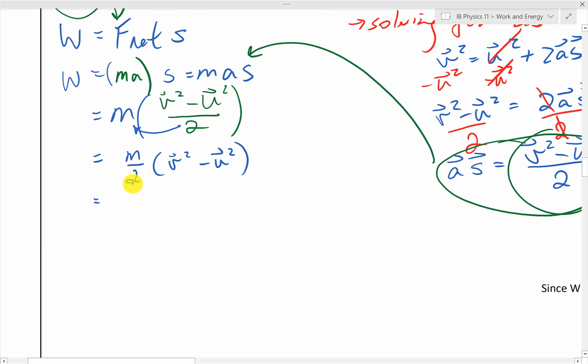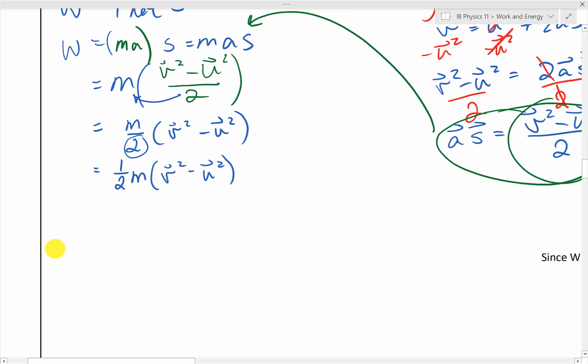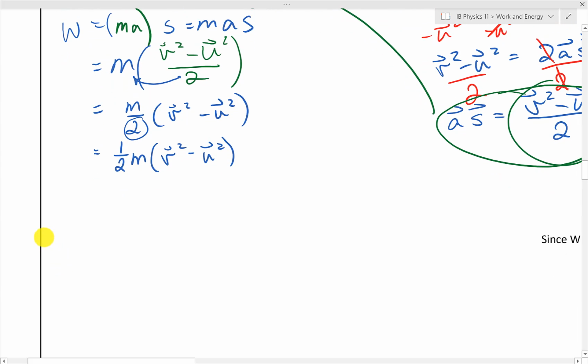If it's m divided by 2, that's the same as 1/2 times m, mass, and in brackets, v squared minus u squared. Still not obvious enough? Well, let's keep going. Let's distribute 1/2 m into each of these speeds. So we get 1/2 m v squared minus 1/2 m u squared.